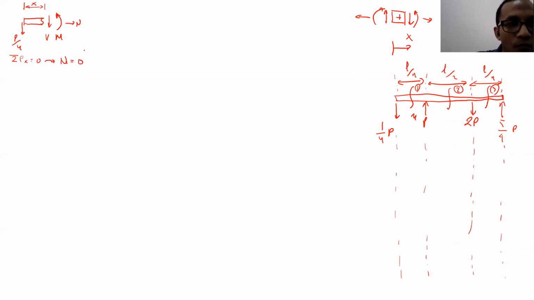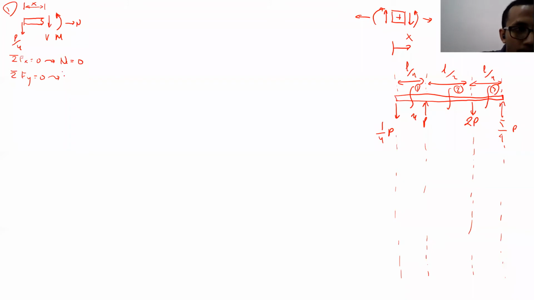Now I want to find V. Which equilibrium equation are we supposed to use? Sigma Fy equal to 0. Then what will I get there? It's P over 4 plus V equal to 0.